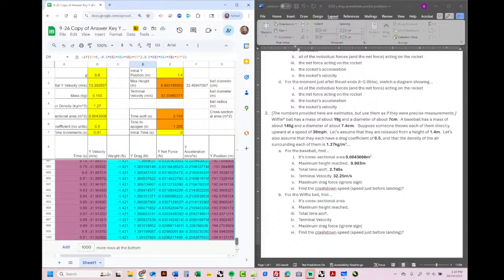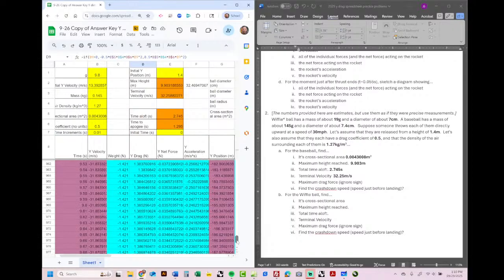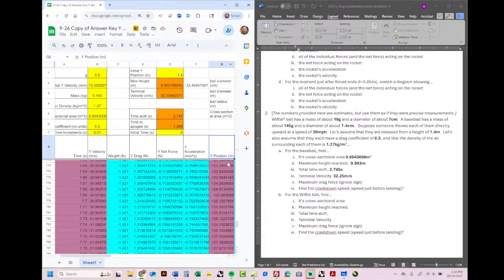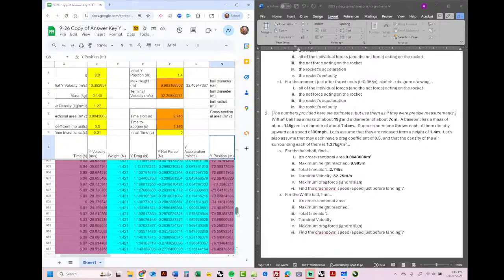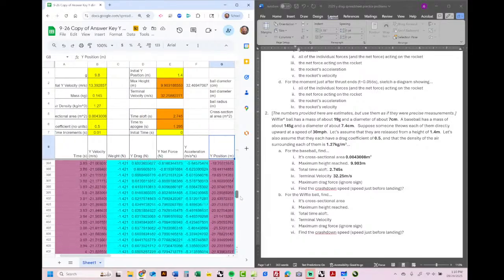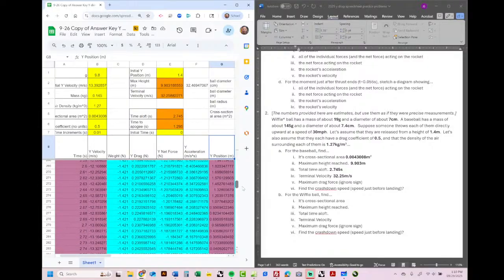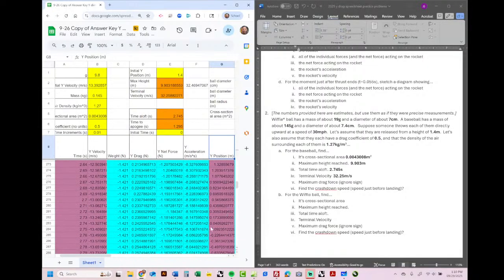But these numbers actually look bigger than where I started. But the trick is it's going to hit the ground at some point. So keep an eye on column G. I need to go up until it hits the ground, where the position is 0 meters. All right, right around here, or the time of 2.74-ish seconds. So at that point, the drag is 0.24.